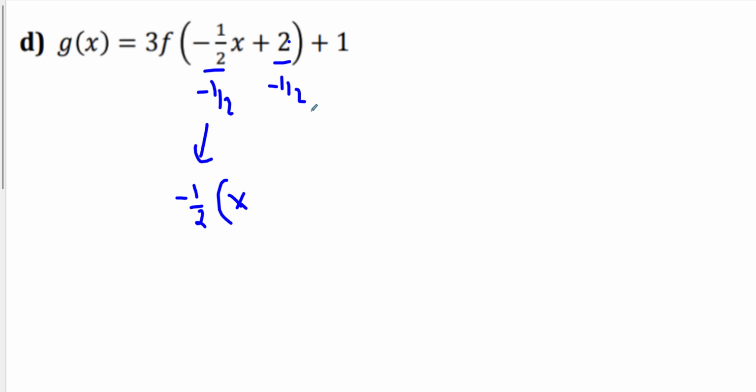Someone do that. What's 2 divided by -half? If you don't know how to do it, just use a calculator. 2 divided by -half is -4.